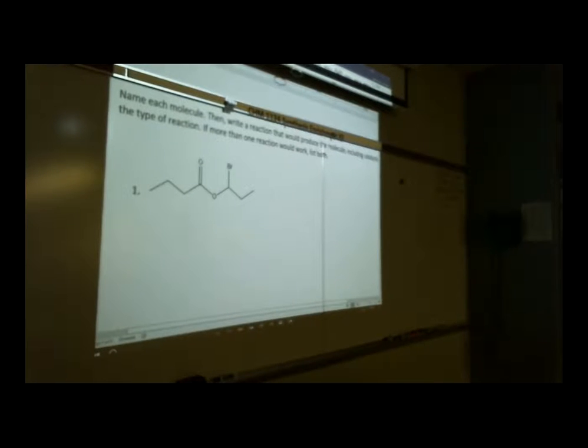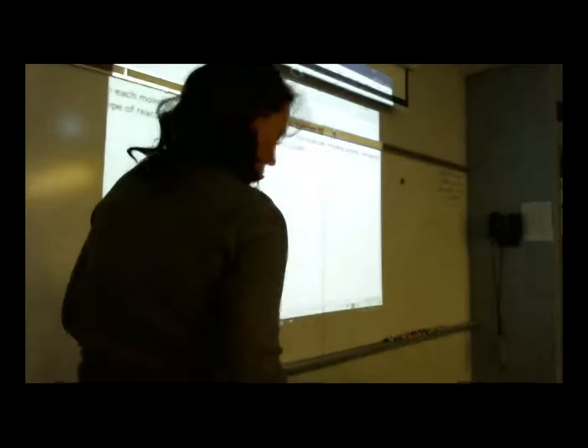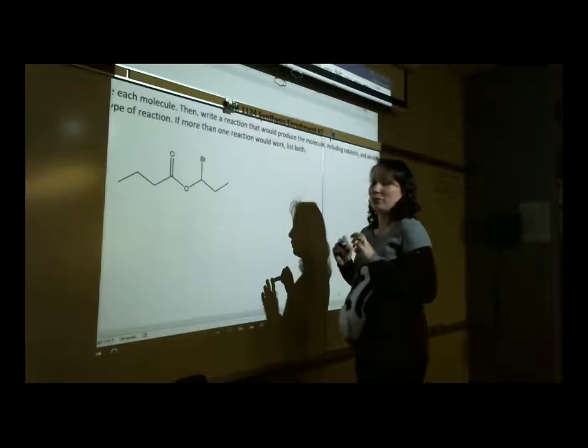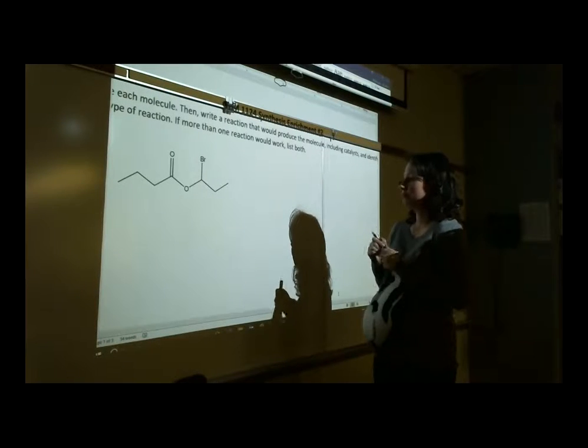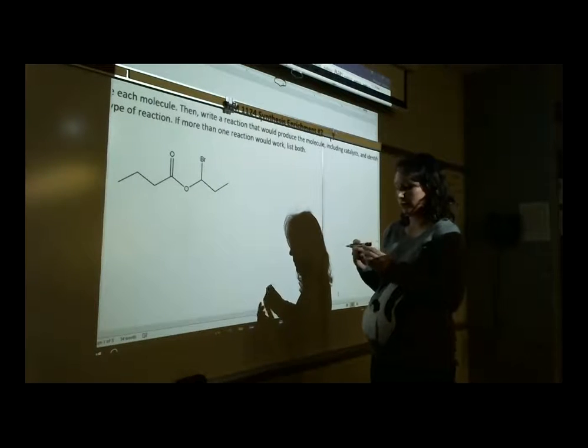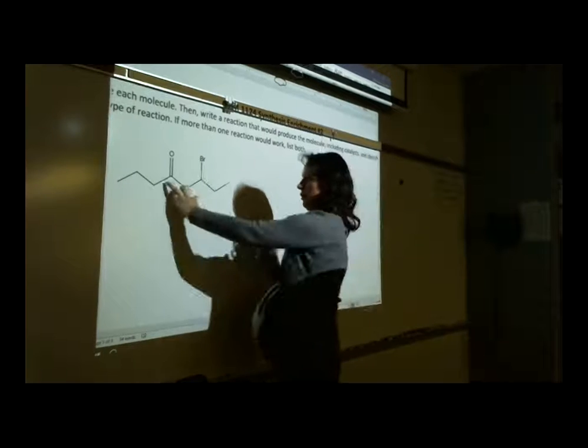Okay. So first of all, we want to name the molecule, and then we want to identify the type of reaction. So this is one of the molecules we've done most recently, but there is a slight little twist on this. What kind of molecule is this? What functional group does it contain? It contains an ester, right?